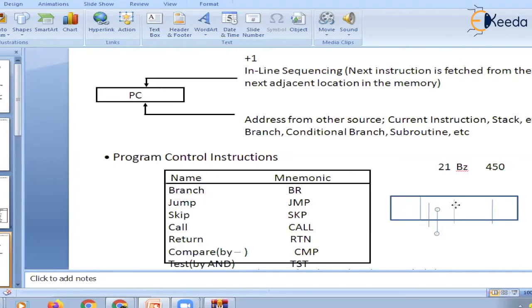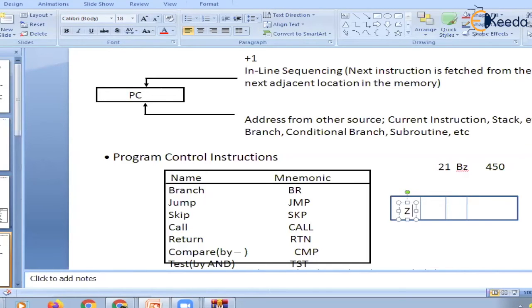Some common flags are the 0 flag, sign flag, carry flag, and overflow flag. So now we will check the flag register for evaluating a condition.